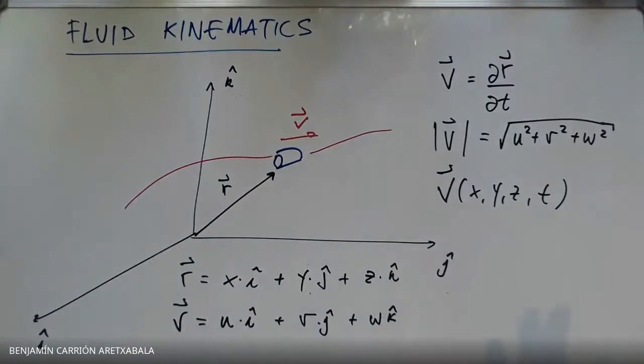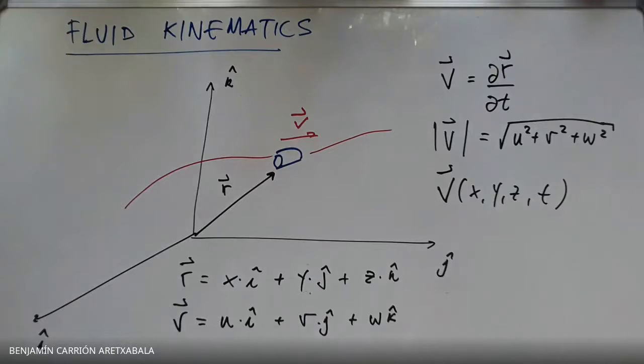Okay, and basically we separate this in two categories: if flow changes over time, and if flow changes in space. And what we normally say is that if the flow changes over time, we call it unsteady. And if it doesn't change over time, we call it steady flow.